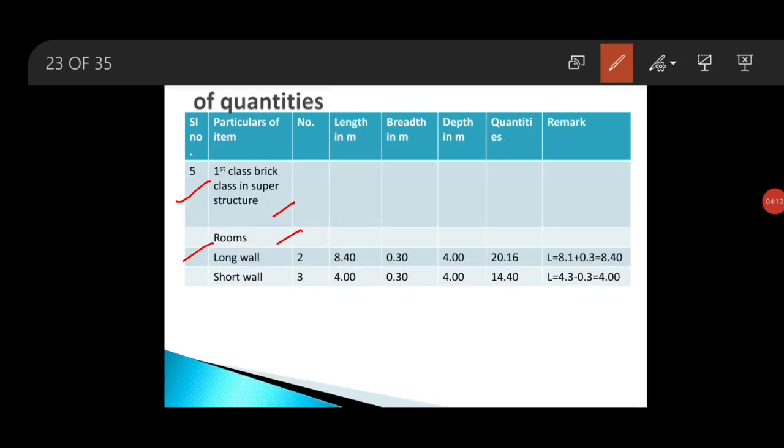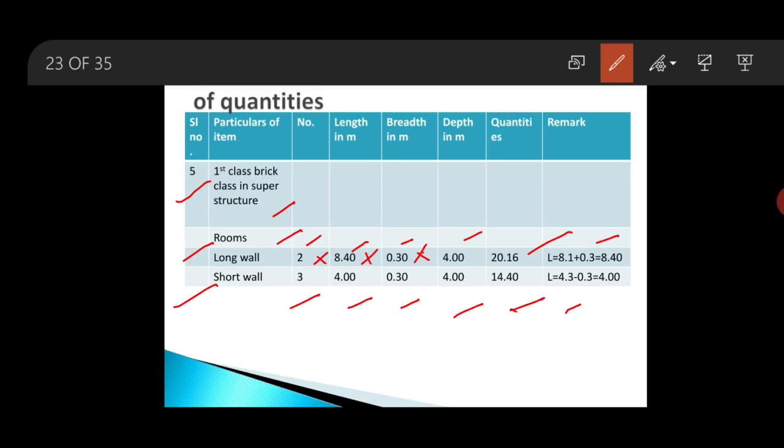Okay. So long wall is number 2, length is 8.1 plus 0.3, that is 8.4, breadth 0.3, height 4. Then by multiplying the 4 columns, we will get the total quantity as 20.16 cubic meter. Similarly for short wall, number is 3, length is 4.3 minus 0.3, width is 0.3, height is 4.